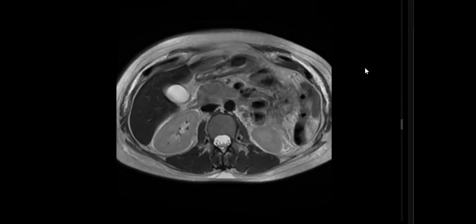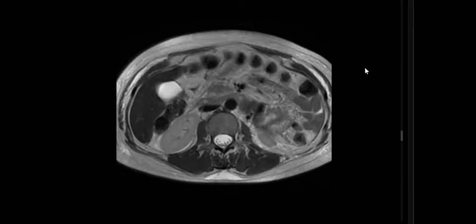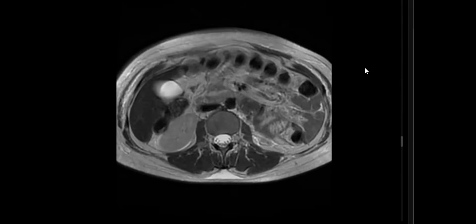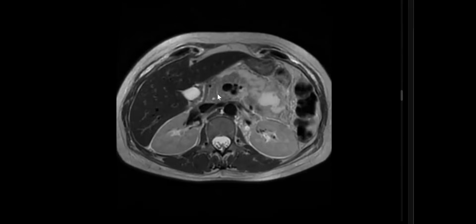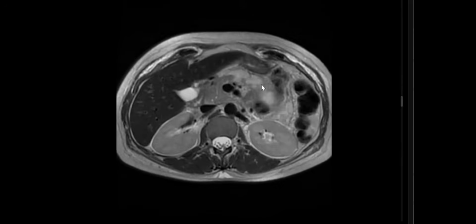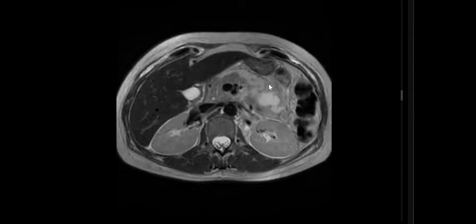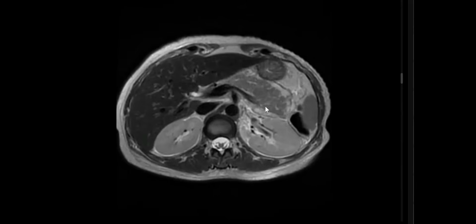The pancreatic head and uncinate process appear unremarkable. The rest of the mesentery appears smudgy. I'm sorry, the lower part is unremarkable, but definitely the head, body and tail are heterogeneous, enlarged, surrounded by fluids, smudging fat planes. Pertinent negatives: the pancreatic duct is not dilated.